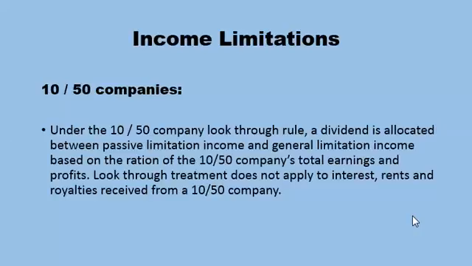Under the 1050 company look-through rule, a dividend is allocated between passive limitation income and general limitation income based on the ratio of the 1050 company's total earnings and profits. Look-through treatment does not apply to interest, rents, and royalties received from a 1050 company.